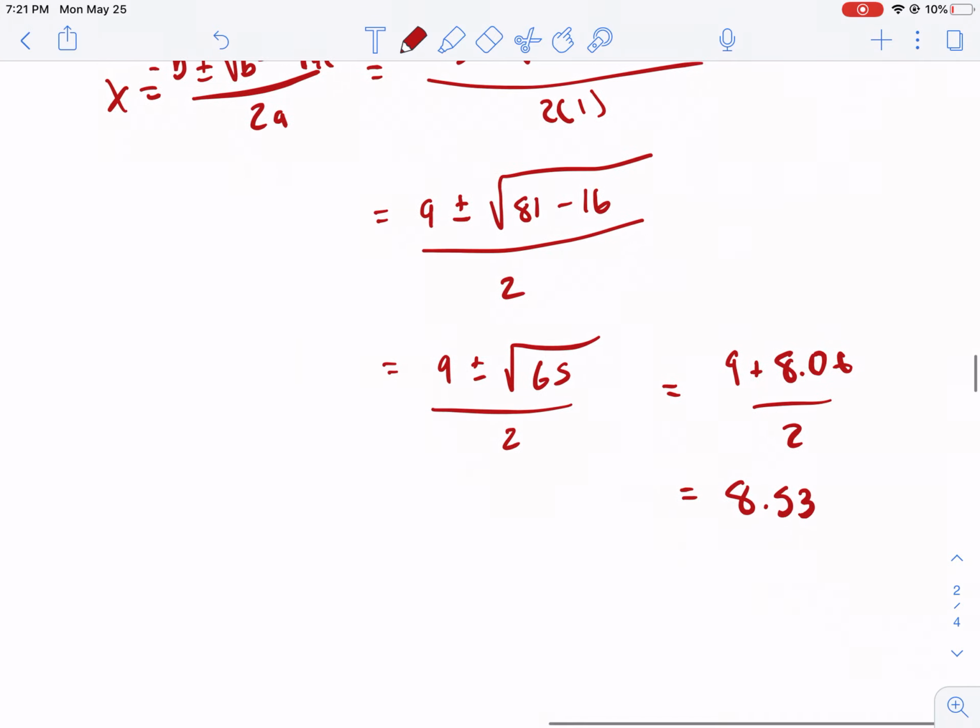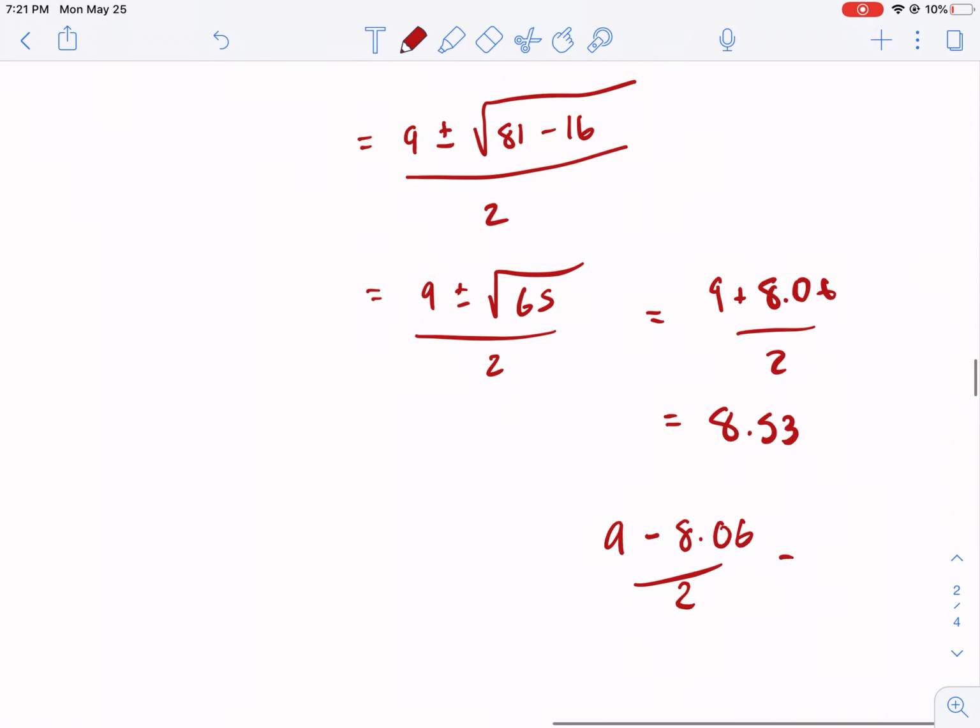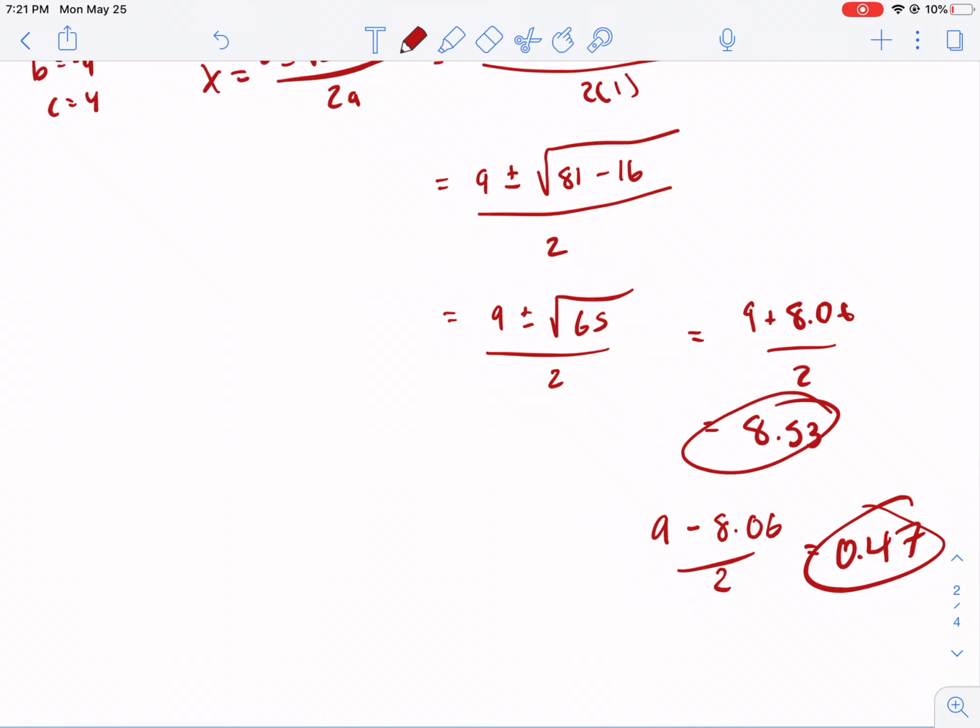Or we get 9 minus 8.06 divided by 2, and we get about 0.47. So we have two answers here, or seemingly we have two answers here.